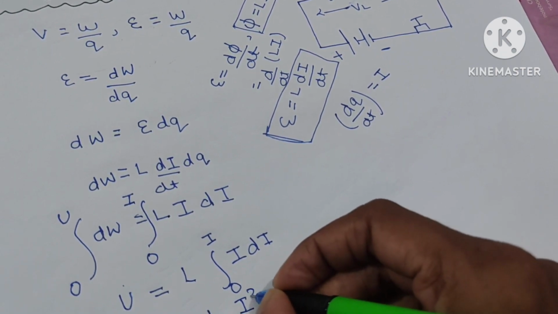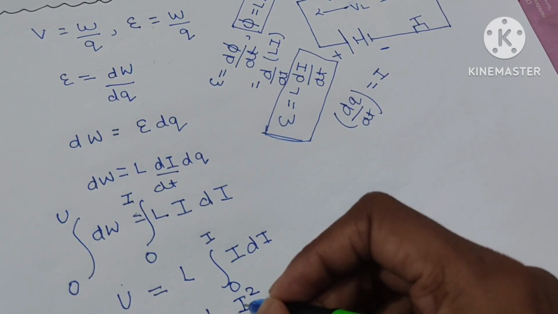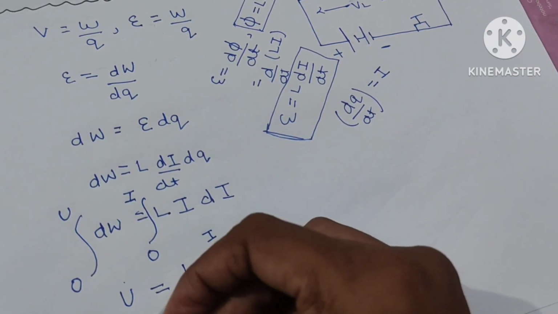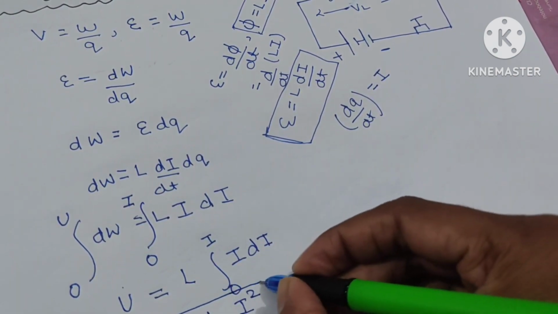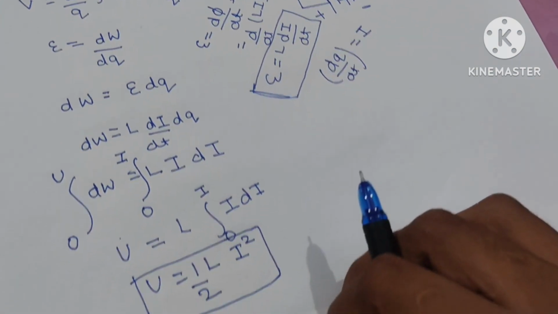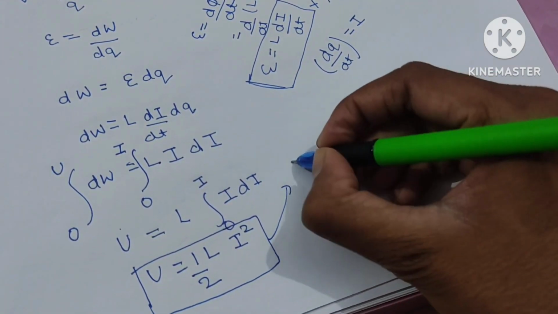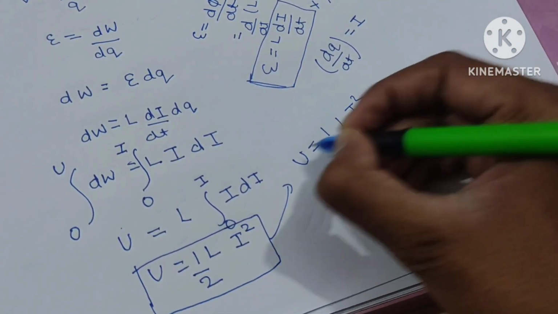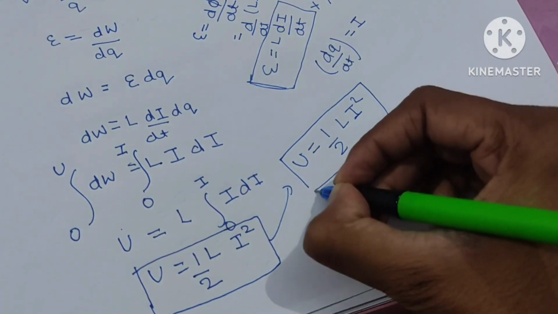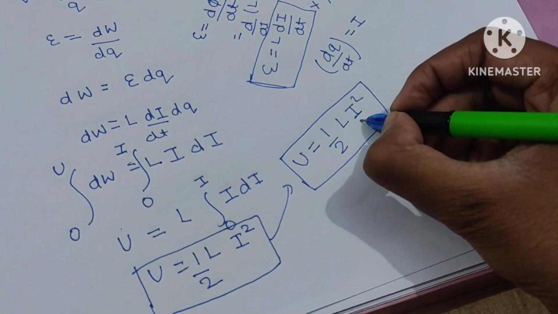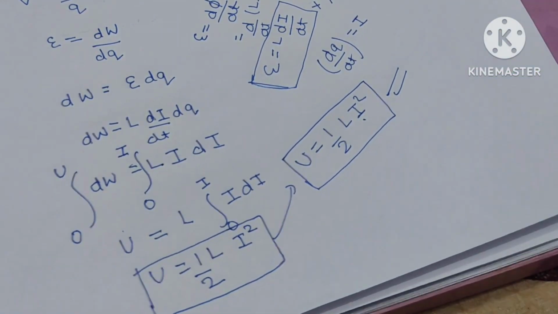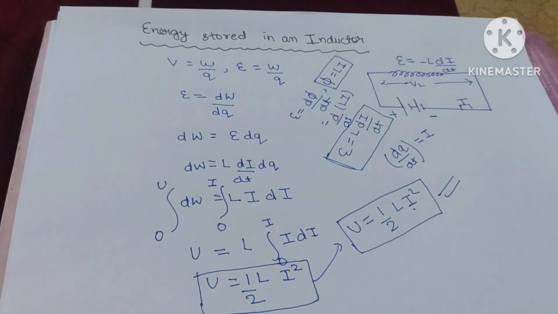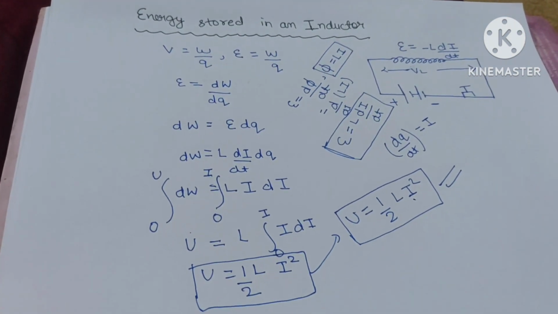I square by 2. So this is done. Okay, so U equal to half L I square. This is the energy, U is the energy, L is the inductance, and I is the current. Okay, so this is proved. Look at the proper equation. Okay, this is it. Thank you.